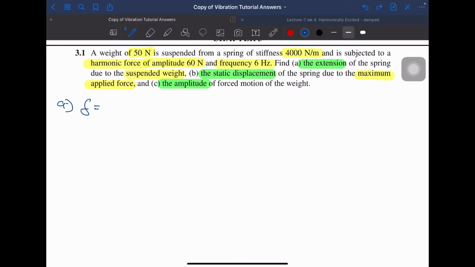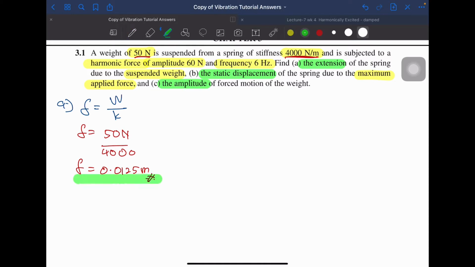We can use the weight, because weight is a force, both are Newton. So weight over stiffness, where your weight is 50 Newton and your stiffness is 4000. So your deflection will be 0.0125 meter.